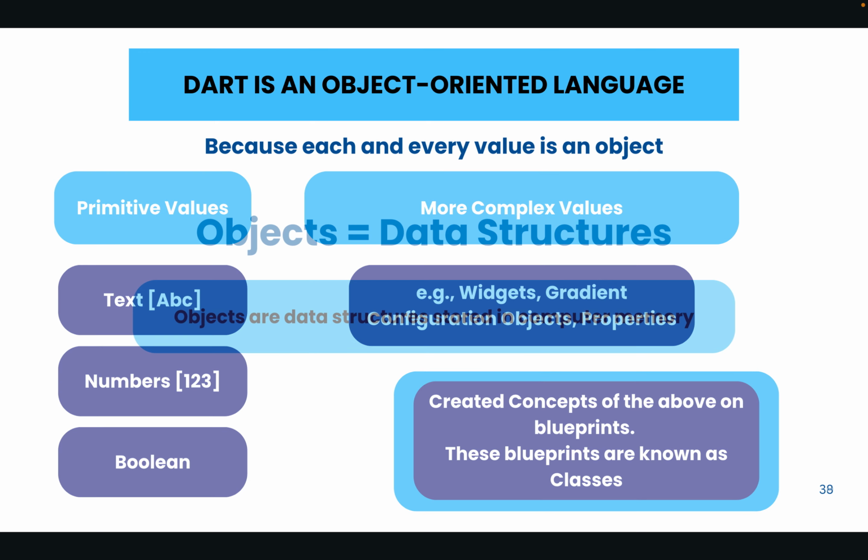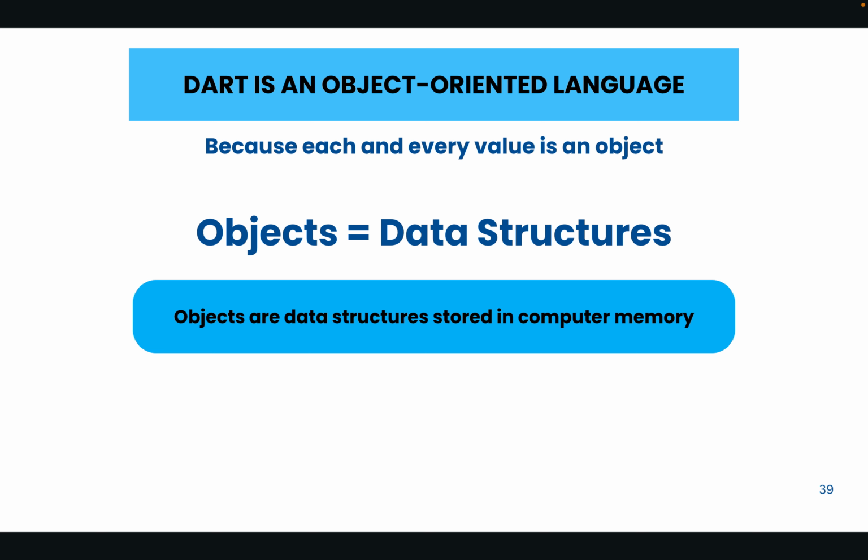Now we have to understand that each and every object, whatever we are declaring or presenting, comes under a data structure. Whatever object we are declaring or settling into a particular part, the whole thing is known as a structure. Is it clear? And whatever data structures there are, they are all stored in the memory of the computer.